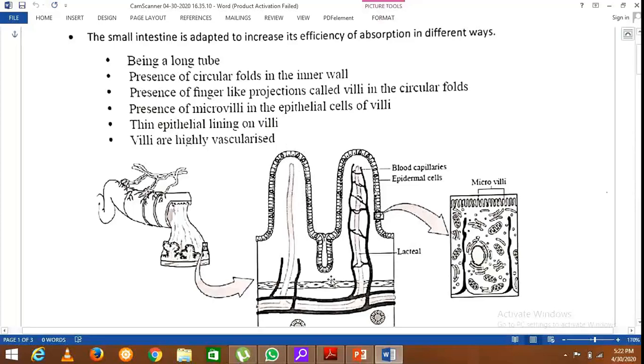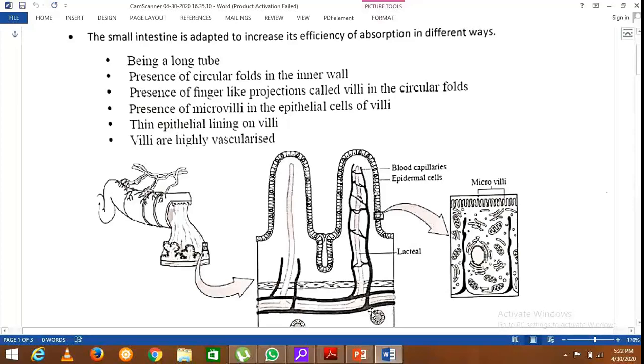And these villi are highly vascularized. You can see there are branches of arteries which form arterioles, and these arterioles are further divided into a capillary network here, and these blood capillaries get together to form the venule, and the venule takes blood away from the villus.